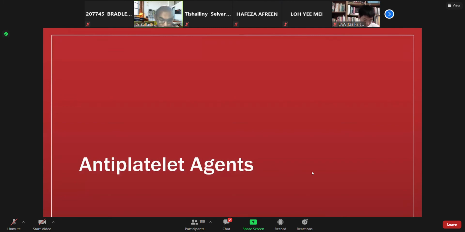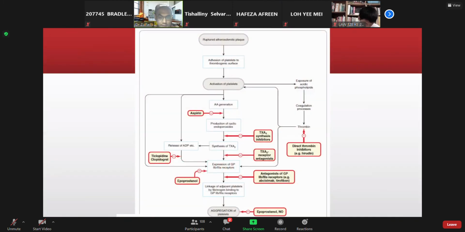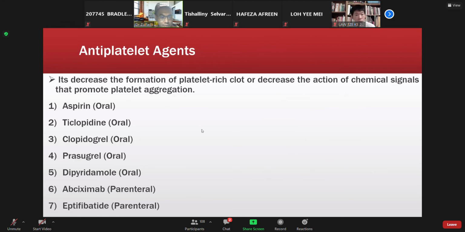Okay, last but not least is the antiplatelet drug. This diagram shows you where the antiplatelet drug acts, on which cascade. We have many antiplatelet drugs. The principle of the antiplatelet agent is to decrease the formation of platelet-rich clots or decrease the action of chemical signals that promote platelet aggregation.